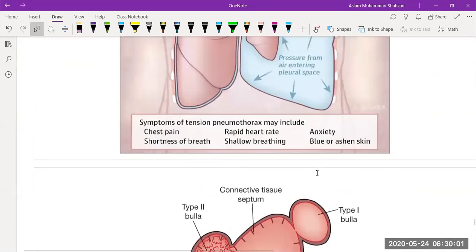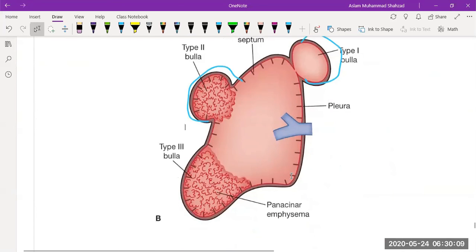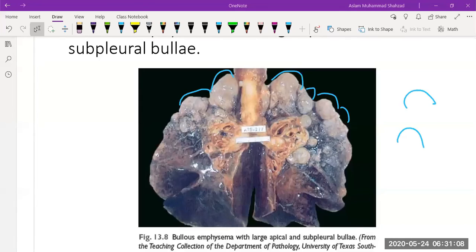This is another picture. These round projections are classed as type 1, type 2 or type 3. What is the cause of bullous emphysema? It is usually thought to be caused by deficiency of alpha-1 antitrypsin, and it is more of a congenital or genetic defect that leads to bullous emphysema.